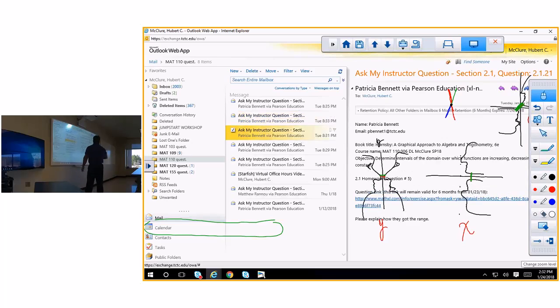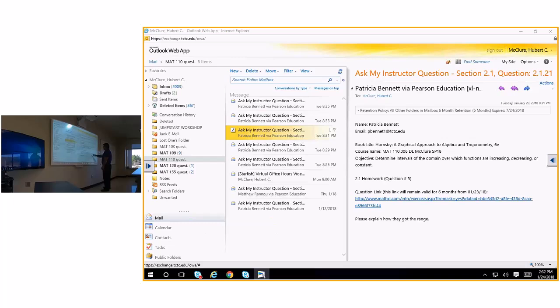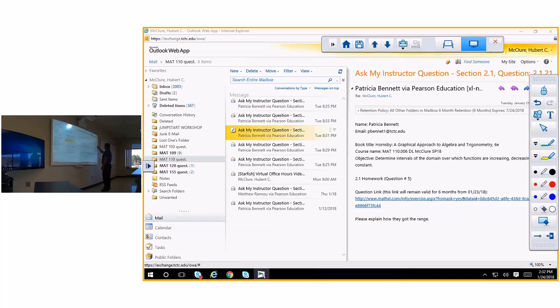All right, this is 2.1, 21/5. Okay. All right, board, help me out here. Okay, for some reason, there we go.